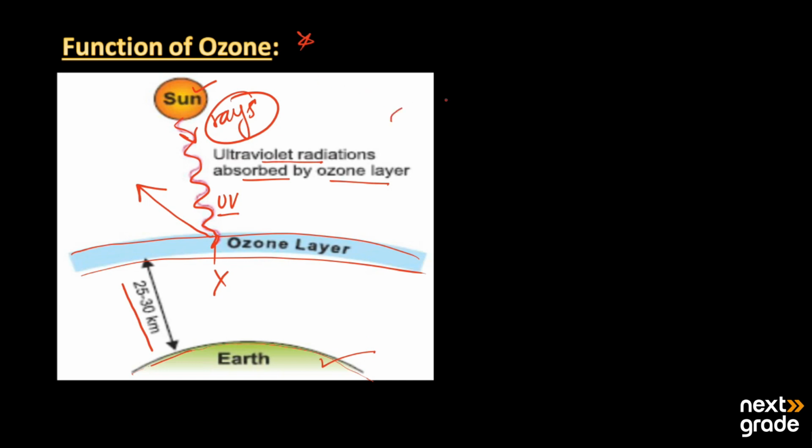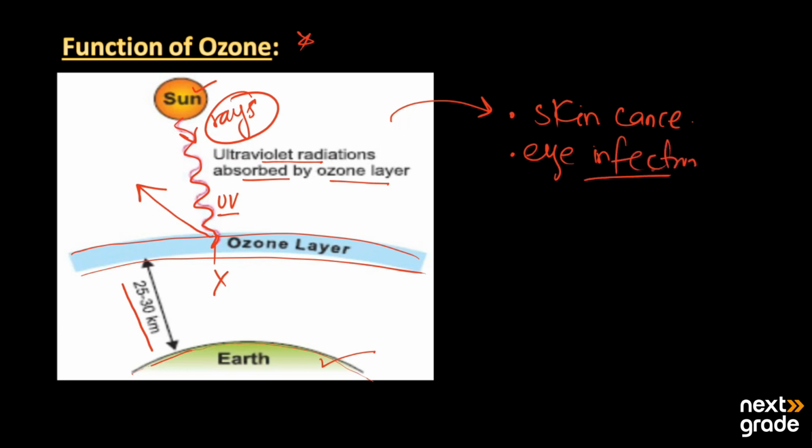Otherwise, if UV radiation started to fall upon the earth's surface, it may cause many diseases, like skin cancer, and it may cause eye infections to living organisms.